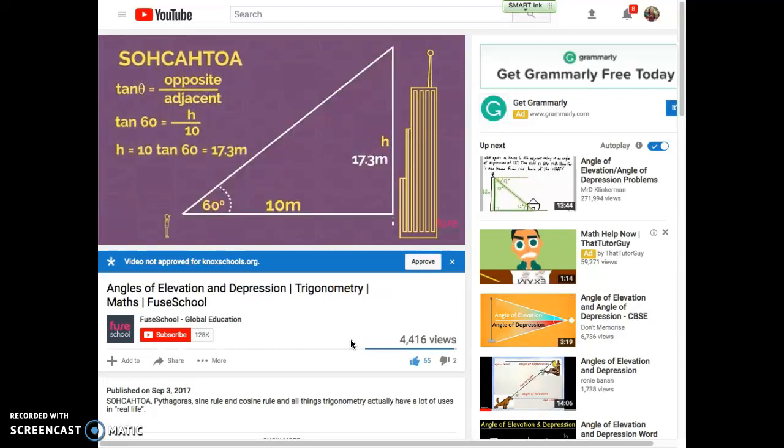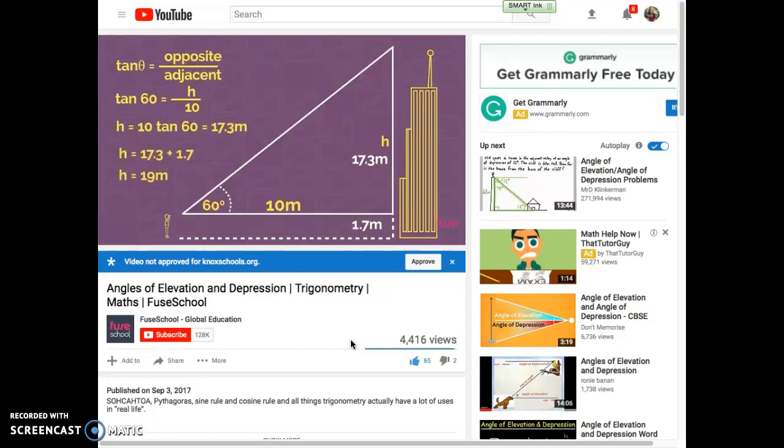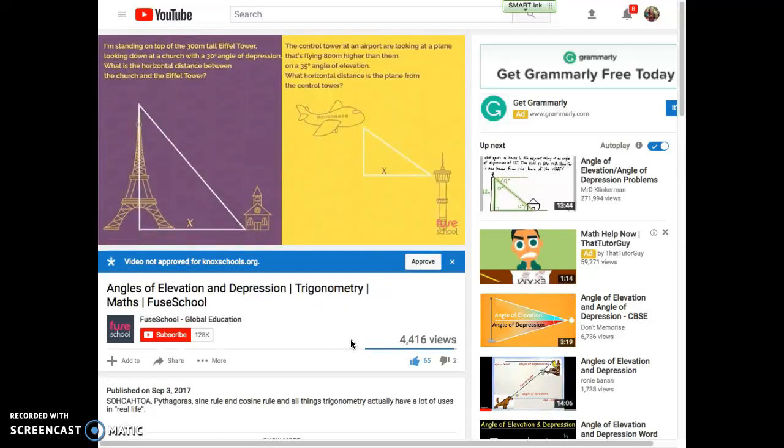And remember to add on your height to get the correct answer. Here are some questions for you to do. Pause the video, work them out, and click play when you're ready. And so the angle in the triangle is actually 60 degrees. And 1143 meters for the plane.